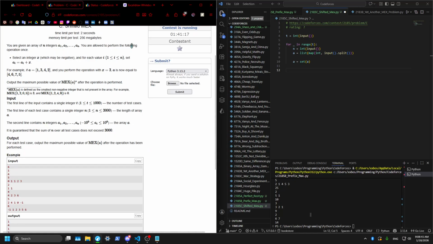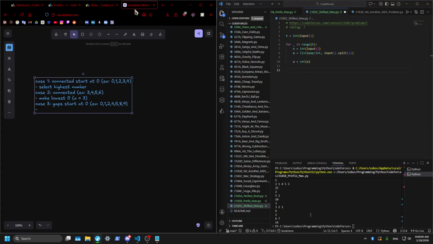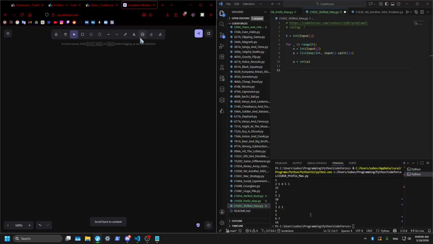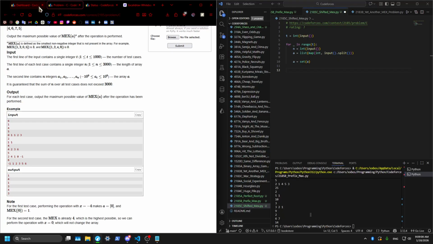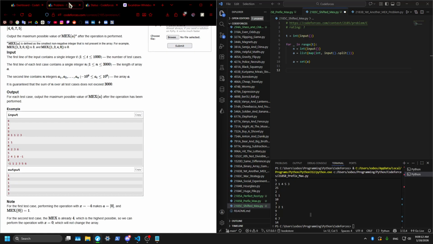But this problem is a little harder than I expected. Well, we don't need duplicates for sure. This is completely wrong. So what cases do we have? Check this real quick. Yep, there we go.